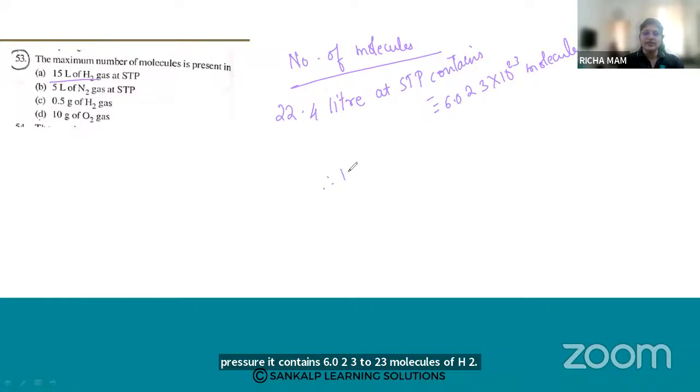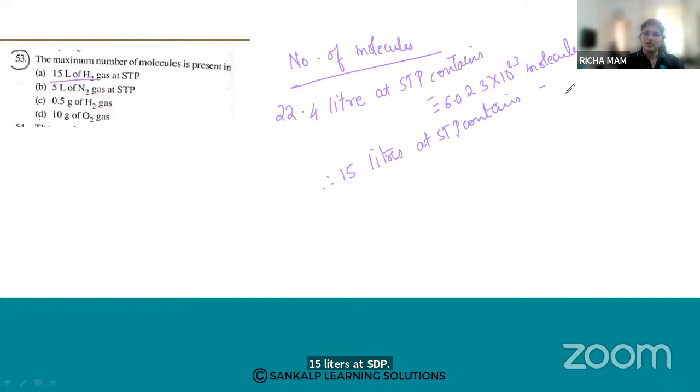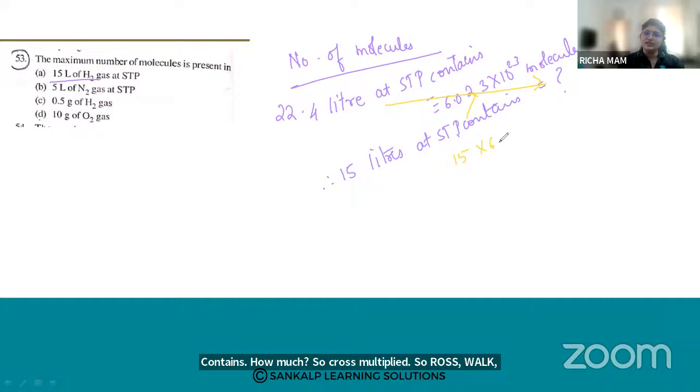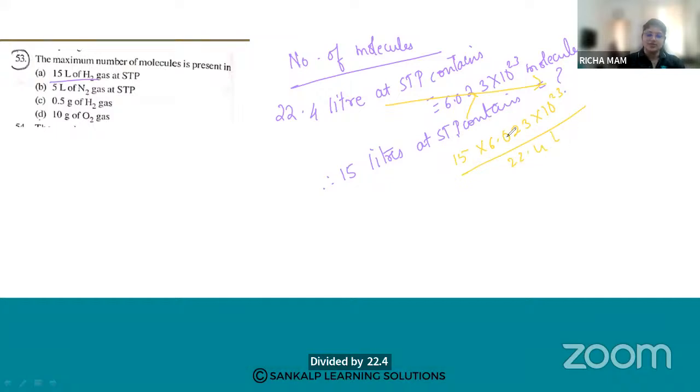So therefore 15 liters at STP contains how much? So cross multiply. So it will be 15 into 6.023 into 10 raised to 23 divided by 22.4 liters. Just check how much you will get.